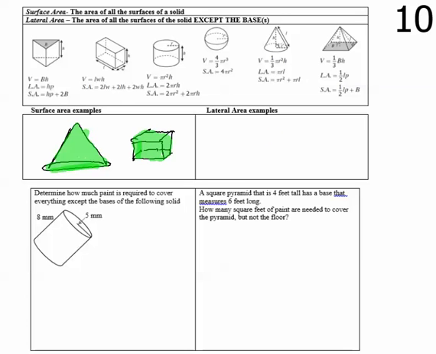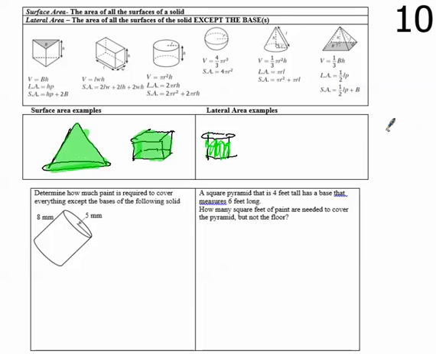All right, lateral area, a good example is a soup can. If you're thinking about the label on a soup can, that label only goes around the side, all the way around, but not on the top or the bottom.